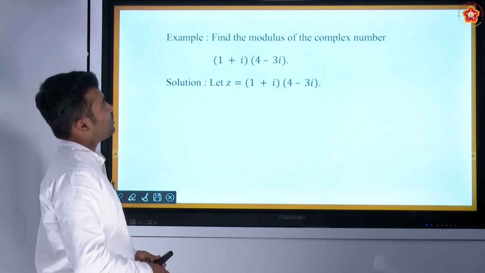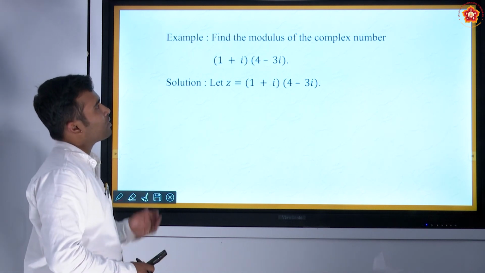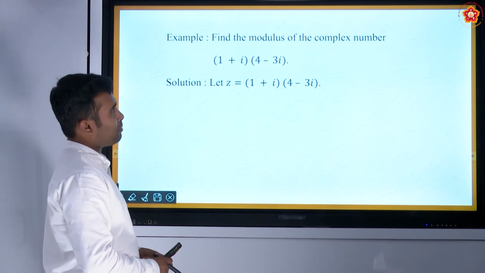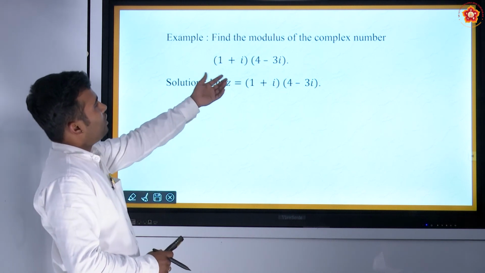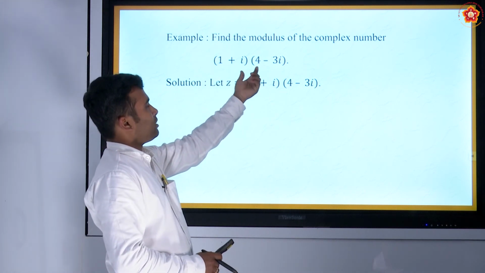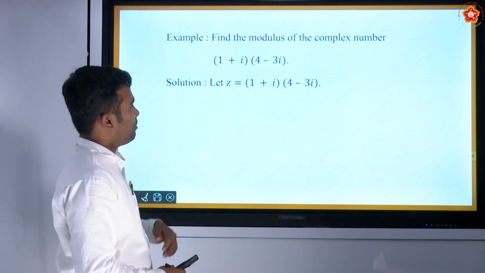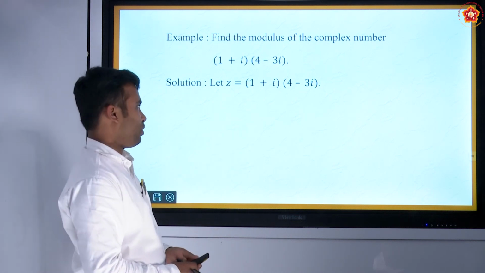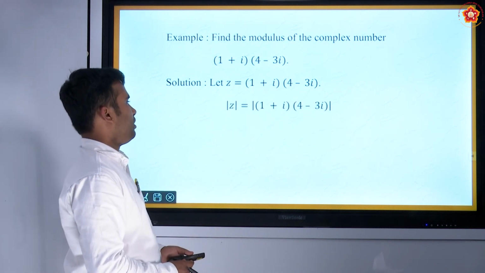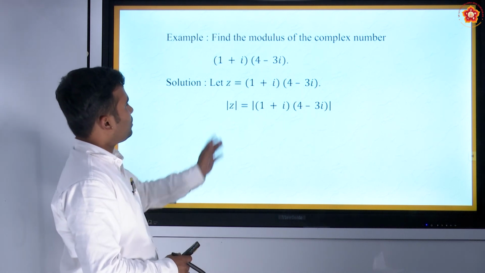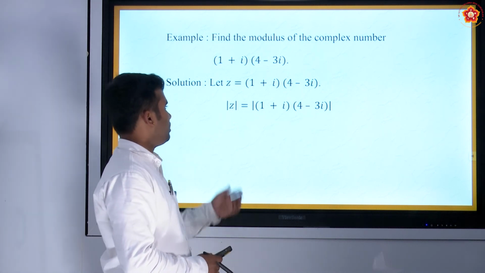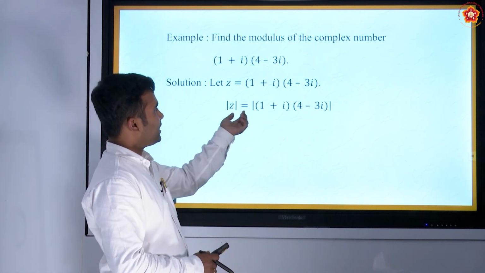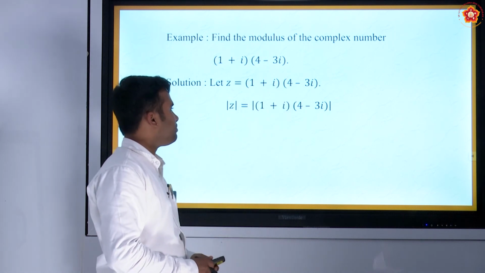Yeah. So, let us find the modulus of the complex number here. Here there are two complex numbers, so we can find the modulus of their product. Now if you take the modulus on both sides, modulus of z is equal to the modulus of this one.